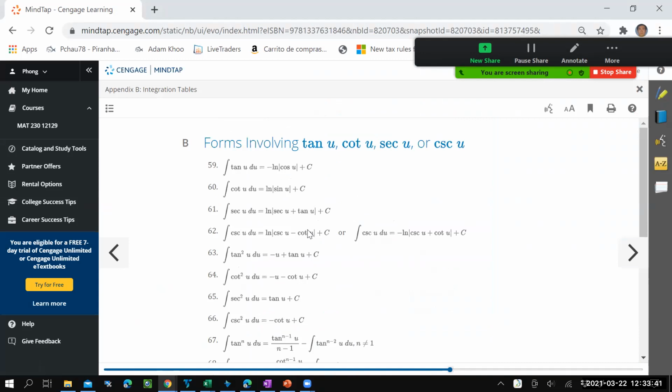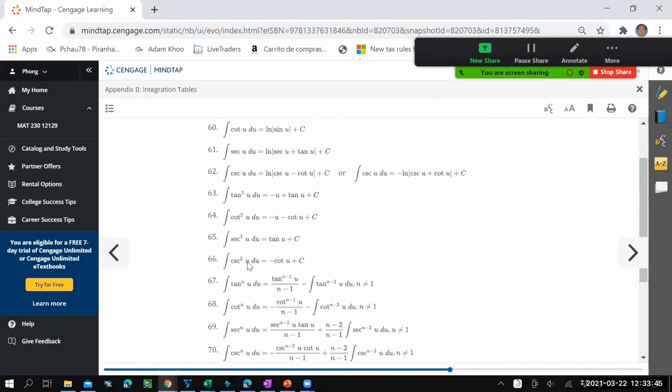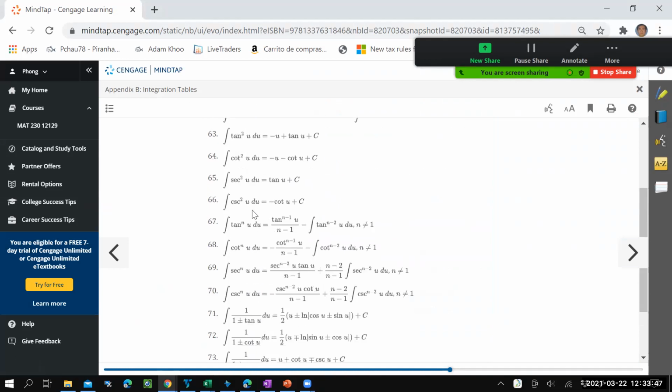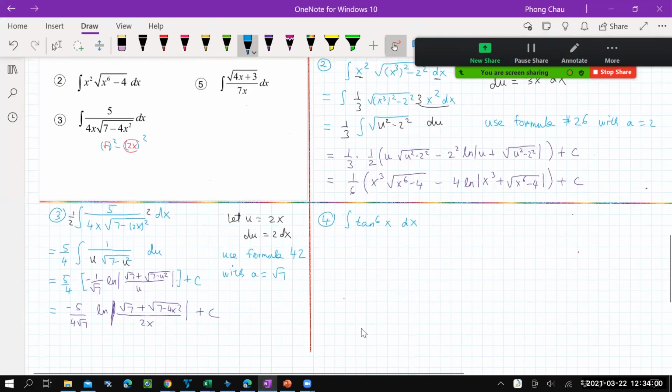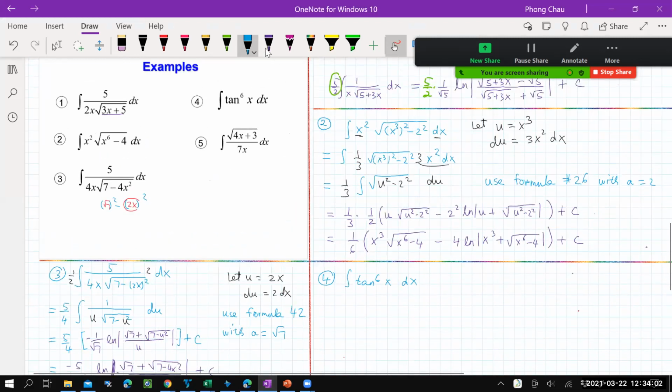Now, which one? Tangent. Well, it's easy to see. Tangent there is the tangent square, and we have tangent to the n power. Okay, so it looks like we're using number 67 with n is 6. Using the formula, again, we write on the side.